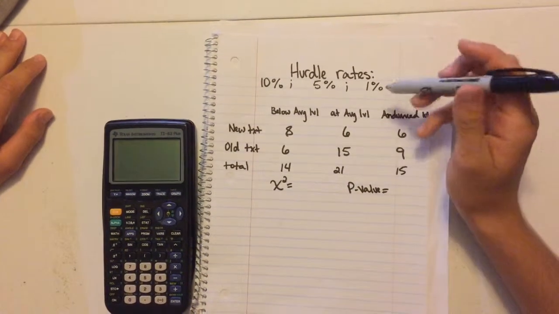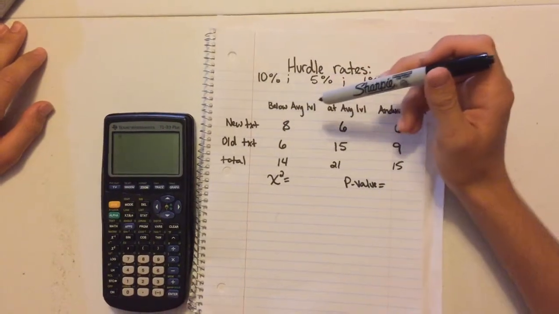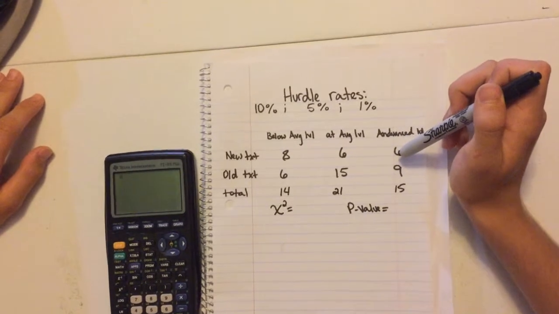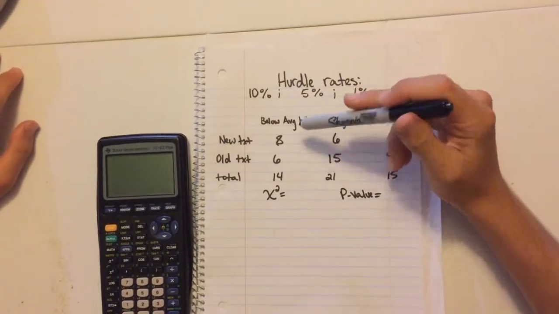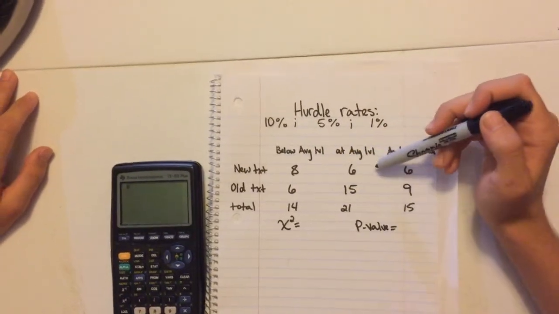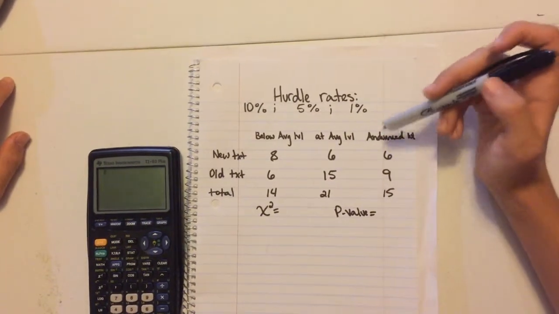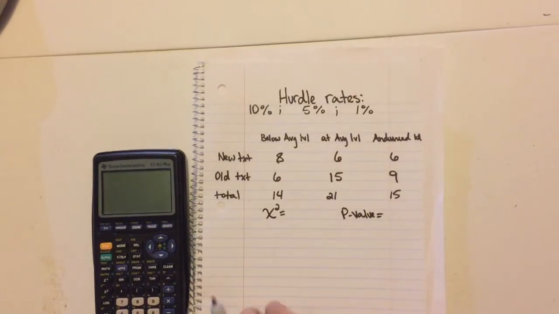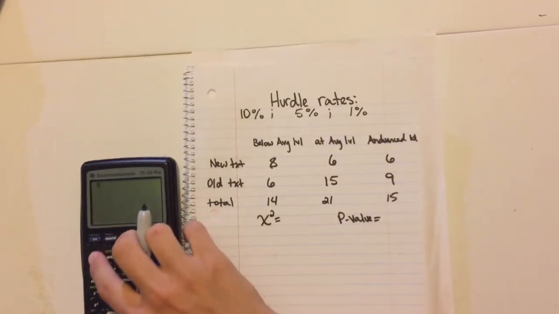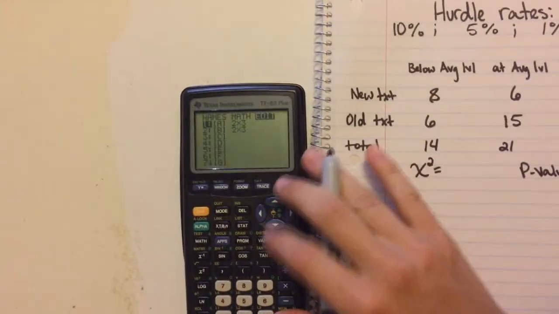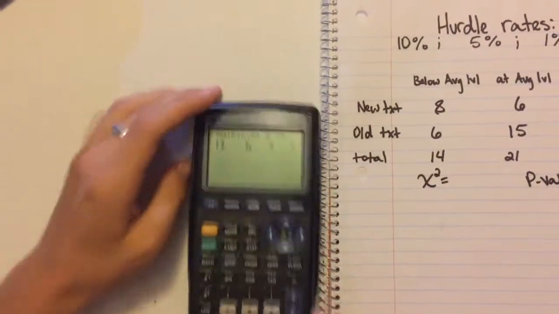As you can see with the new textbooks, they did a test with 20 students that shows people below average, at average level, or advanced. So we're gonna put these numbers into our chi-square matrix. As you can see, they're already in there.